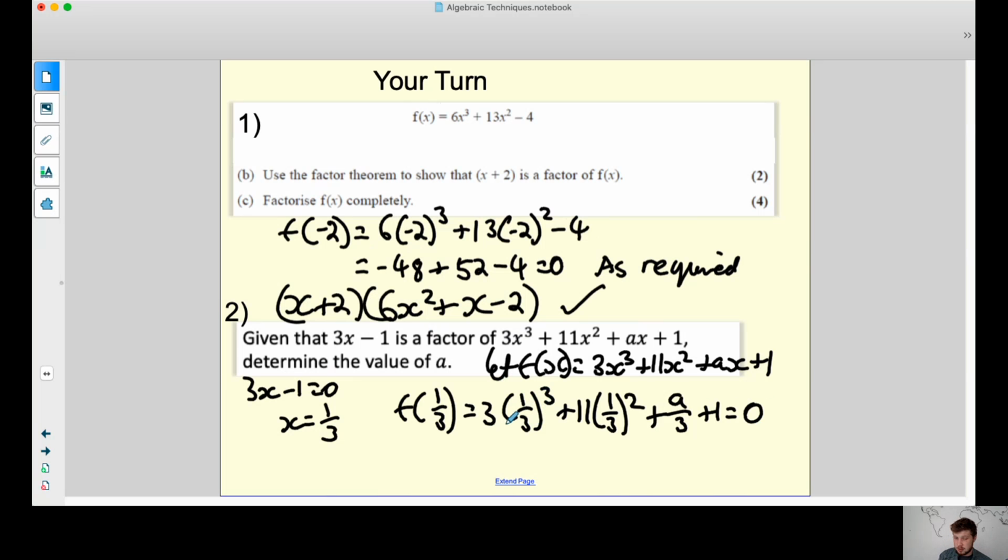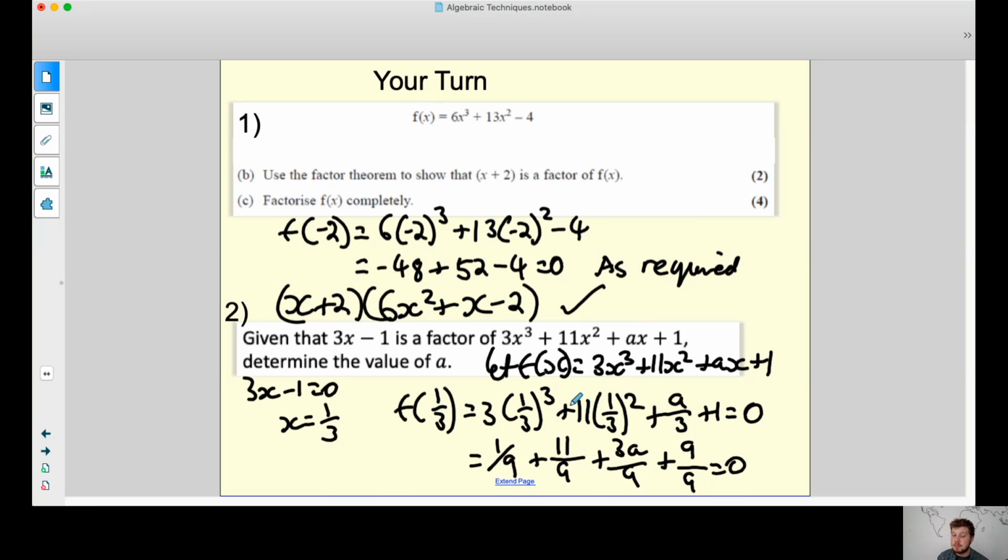A third cubed is 1 over 27, and 3 over 27 is a ninth. So it's going to be 1 over 9, add, well, 11 over 9. A over 3, I'm going to change to be 3a over 9, just so everything is over the same denominator, and plus 1 is going to be 9 over 9, and that's equal to 0.